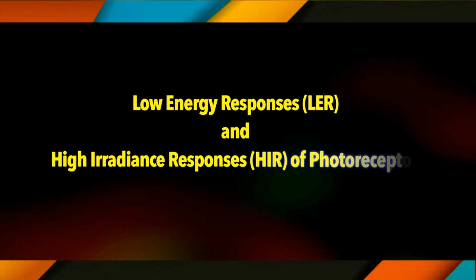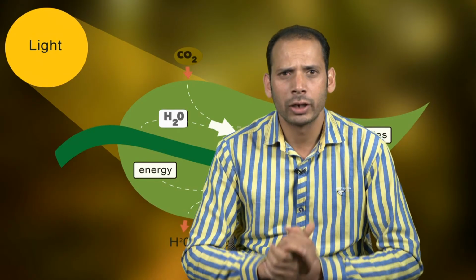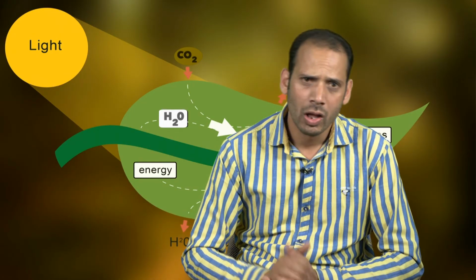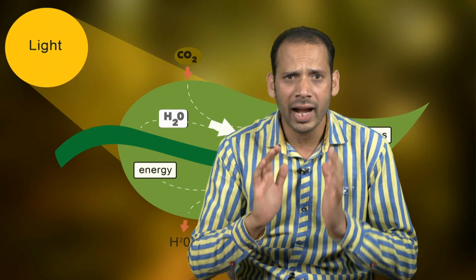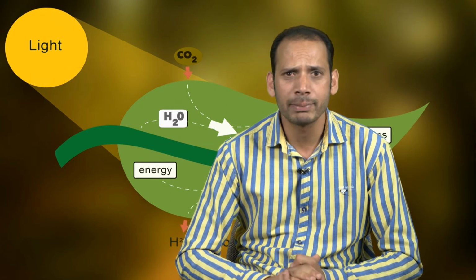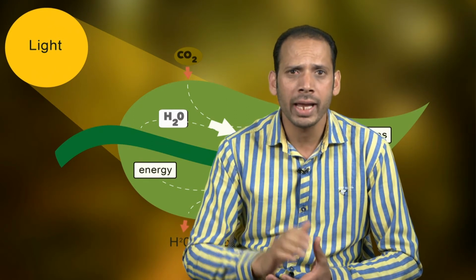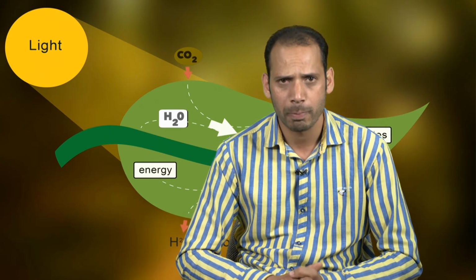Now let's discuss low energy responses and high irradiance responses of photoreceptors. Light controls diverse processes of plant growth and development. Early physiological and photochemical studies indicated that light responses in photomorphogenesis are classified as low or high energy reactions according to their energy requirements.